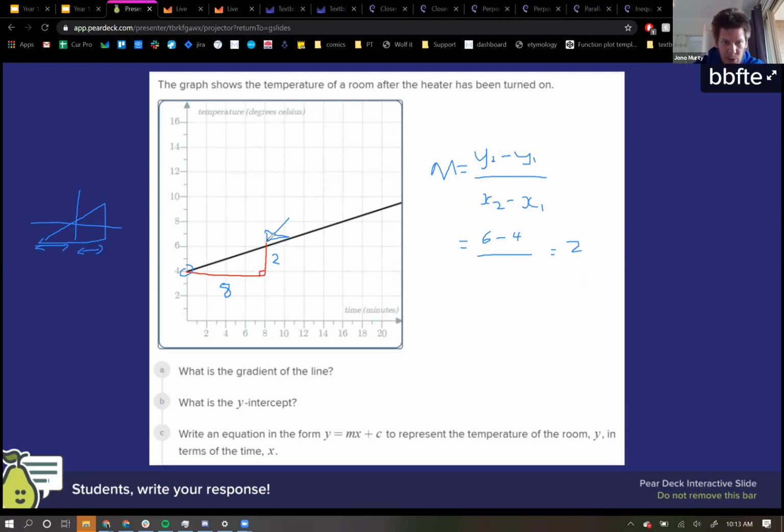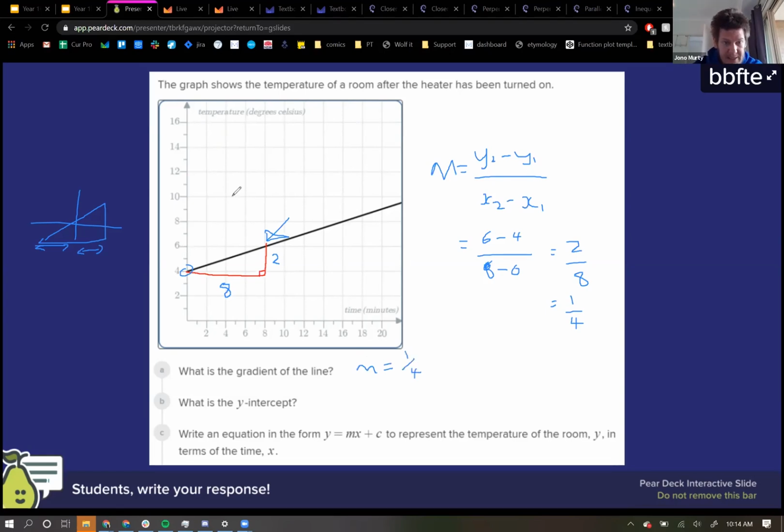Okay, so this was y2, so x2 must be 8. y1 was 0, so we get 2 over 8, which simplifies to 1 on 4. You can see that there, obviously, if we go up 4, cross 4, we've gone up 1, cross 8 up 2. So from cross 1, we're going up by 1/4. So m equals 1/4.